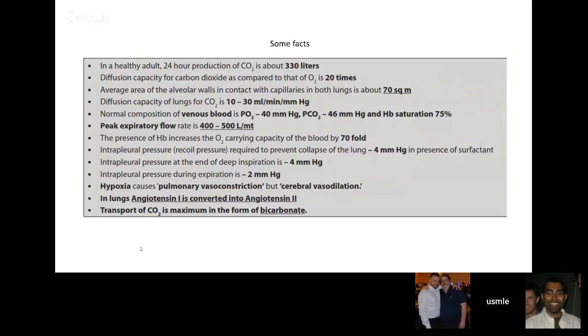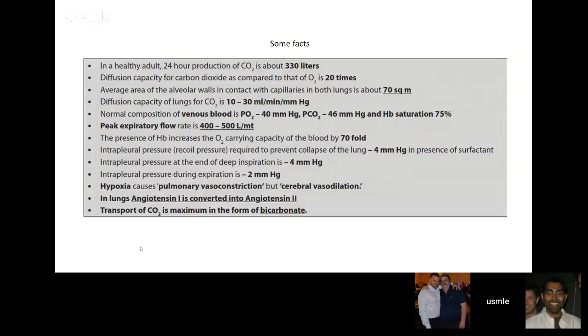In the lung, angiotensin 1 is converted into angiotensin 2. You know that by the pneumocyte type 1, and that is going to maintain the resistance within the capillary within the lung. And the transport of CO2 is maximum in the form of bicarbonate.